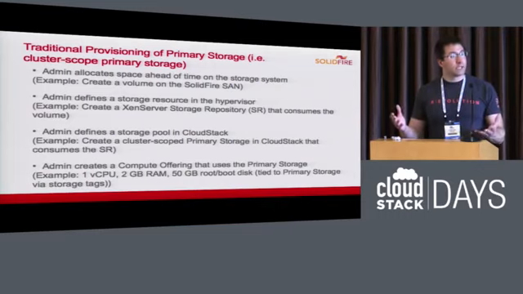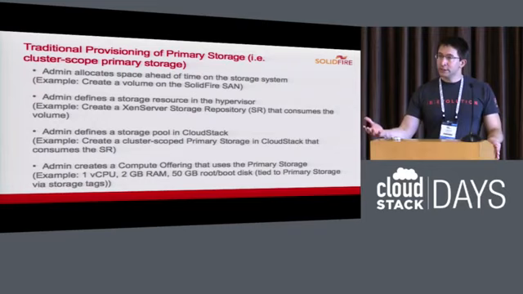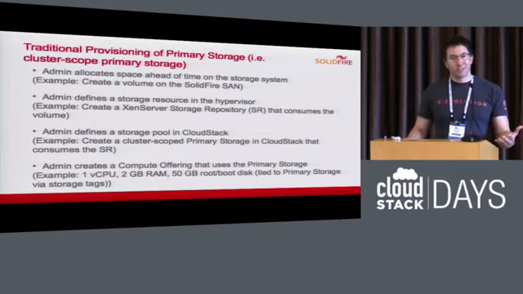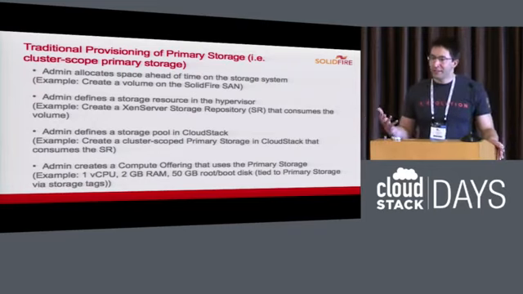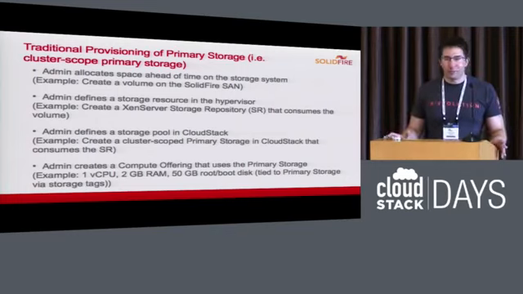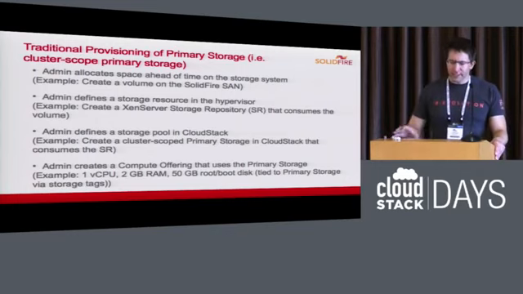And all of this work is actually being done sort of manually by the admin before he even gets over to CloudStack. So there's this go over to your storage system, then go over to your hypervisor system, then finally come into CloudStack and create your primary storage. So it's a very static process, kind of manually intensive.